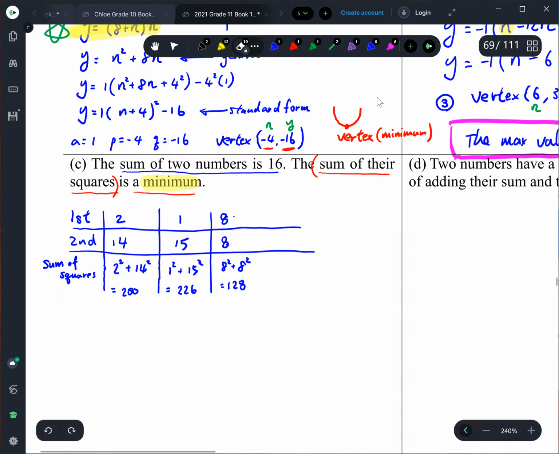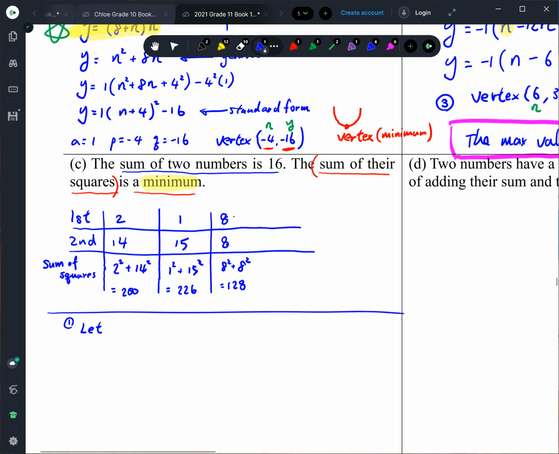Okay, so we'll start with the let statements now. We'll draw a line here. We'll start with step 1. We write the let statements: let statement for the first number, let statement for the second number.